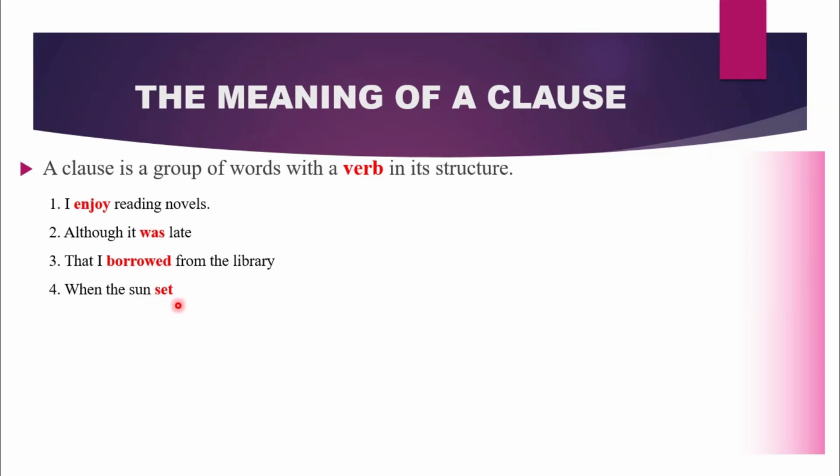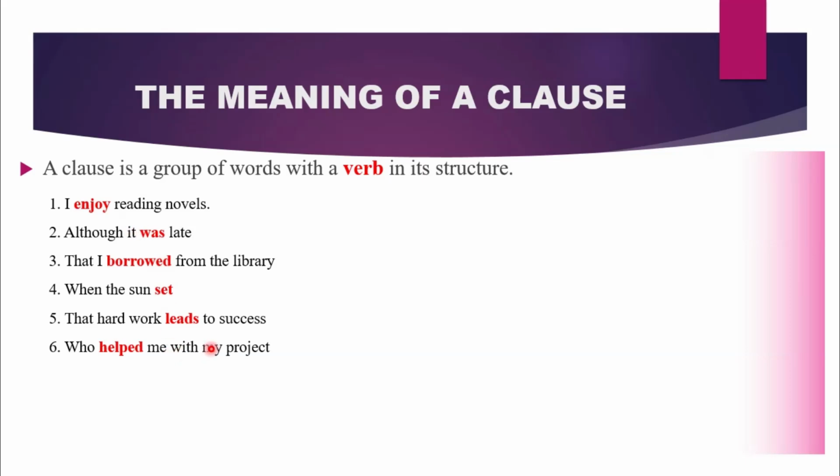This is a clause because it contains a verb. That hard work leads to success is a clause because it contains a verb. Who helped me with my project is also a clause because it contains a verb. We can conclude that the presence of a verb in a group of words makes it a clause.